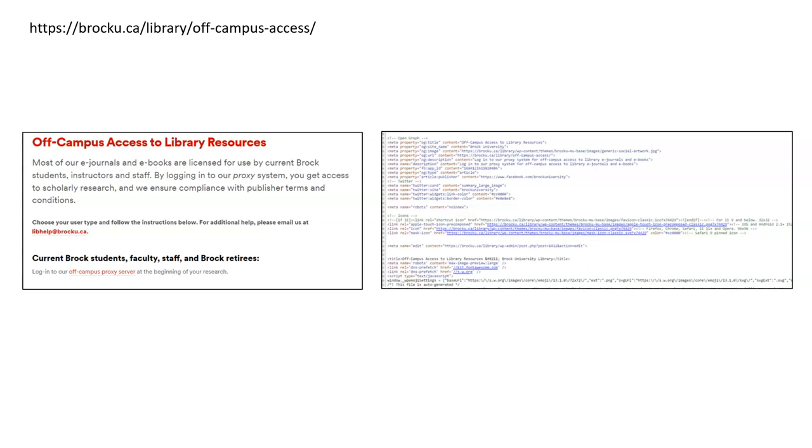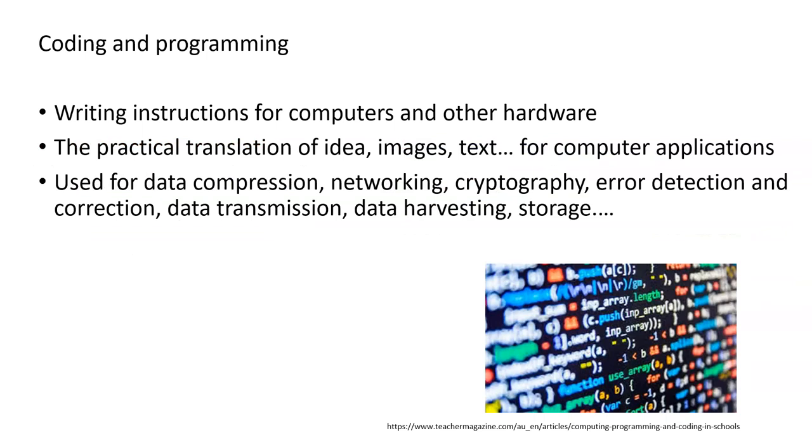So we code as well in the library. Coding and programming are written instructions for computers and other hardware. They're the practical translation of ideas, images, and text for computer applications, like the picture below. They're used for data compression, networking, cryptography, error detection and correction, data transmission, data harvesting, and so lots of programming. A huge part of computer science is coding and programming.